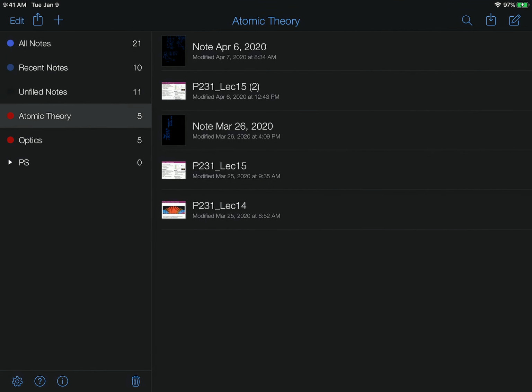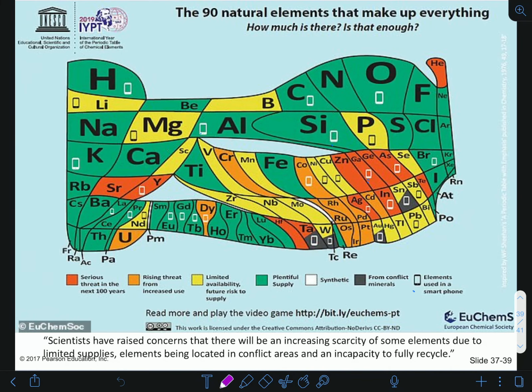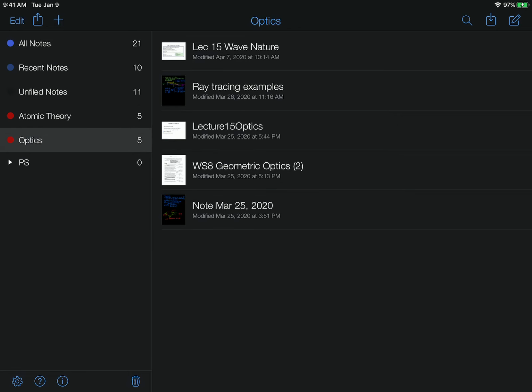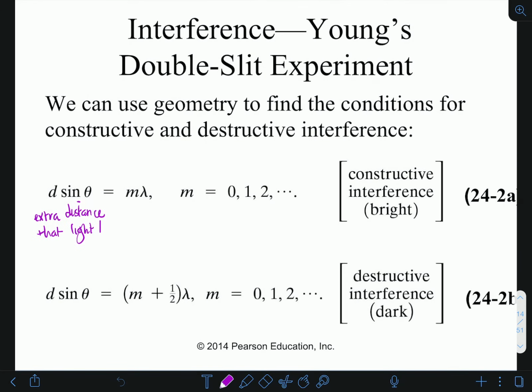So this extra path distance that light travels right here, that's d sine theta.